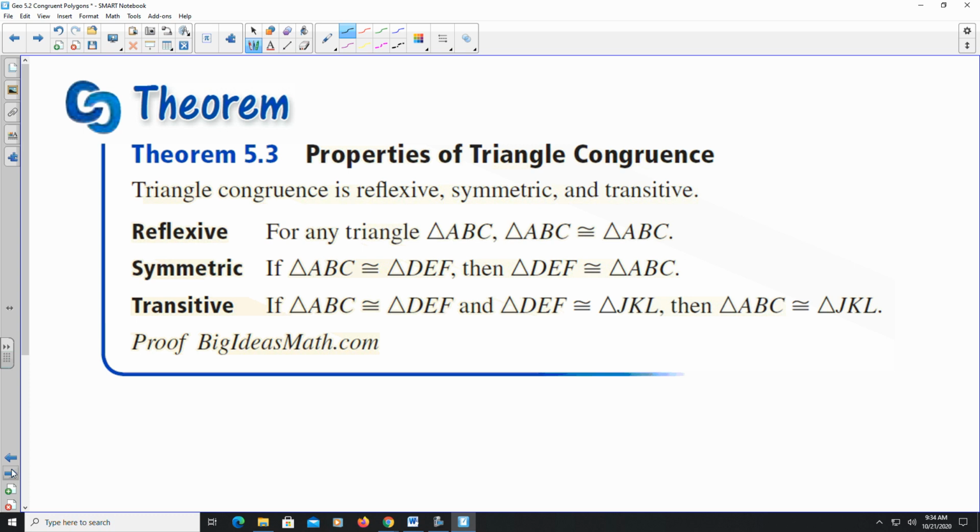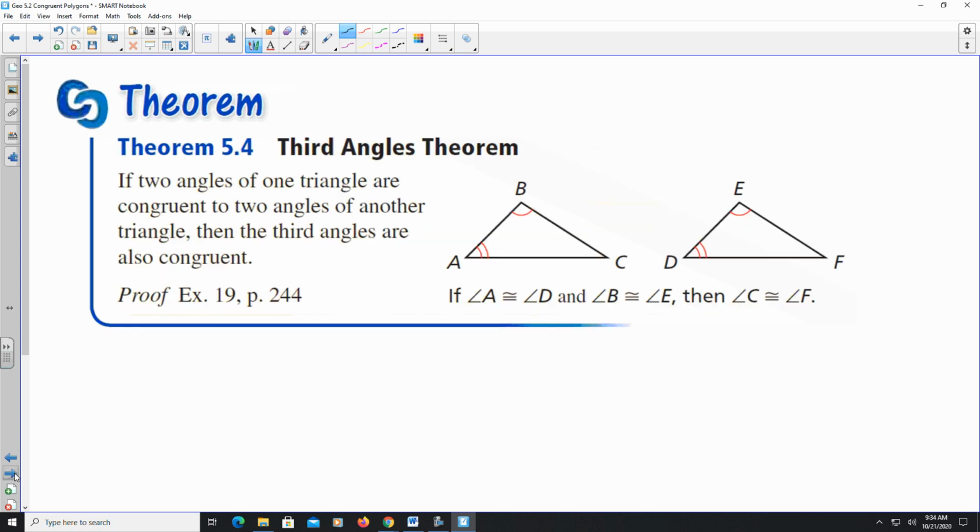So we've seen these before: reflexive, symmetric, and transitive. These properties should be relatively straightforward. You can review that. Also, another theorem that we can use is the third angle theorem. So if you have two congruent angles, you can assume that the third angle is congruent by this theorem.